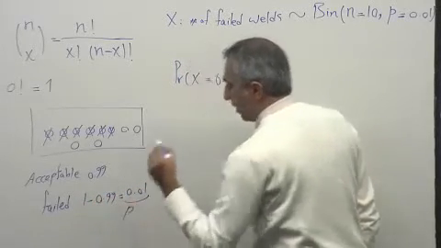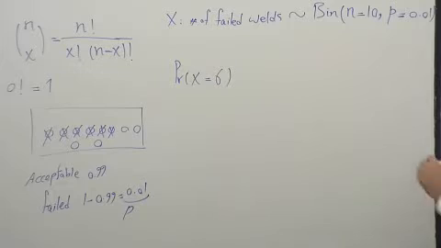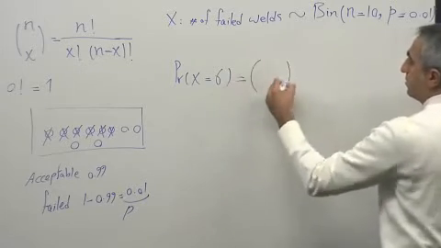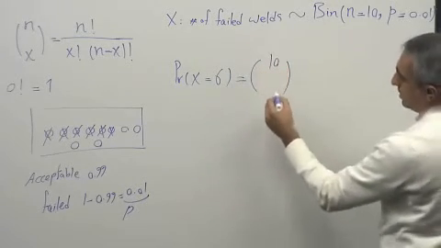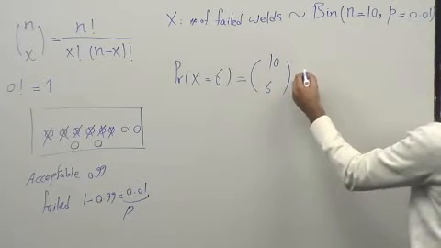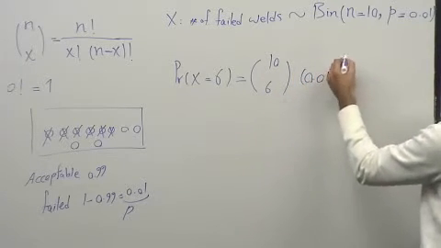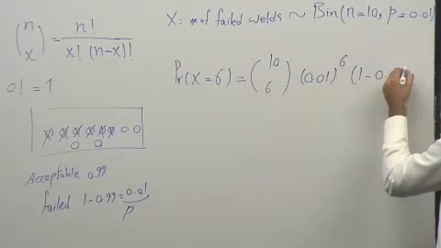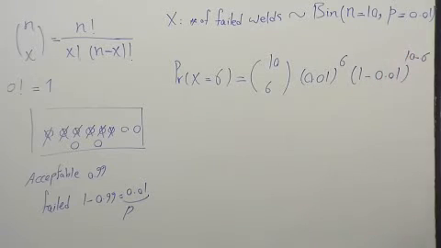This is our P. So this is going to be 10 choose 6 times 0.01 to the 6, times 1 minus 0.01 to the 10 minus 6. That's it.